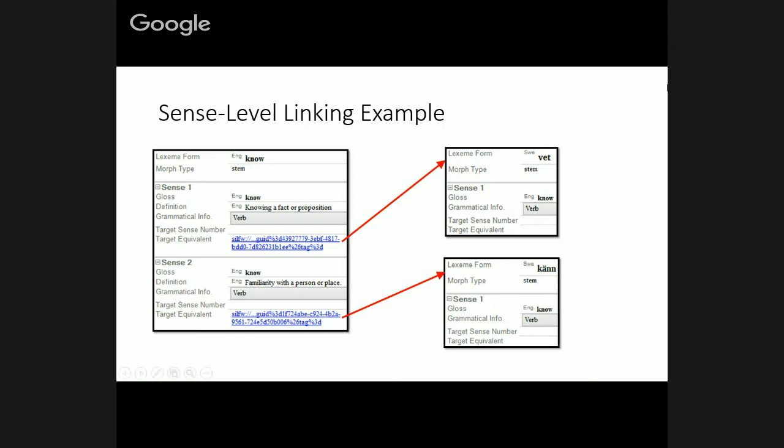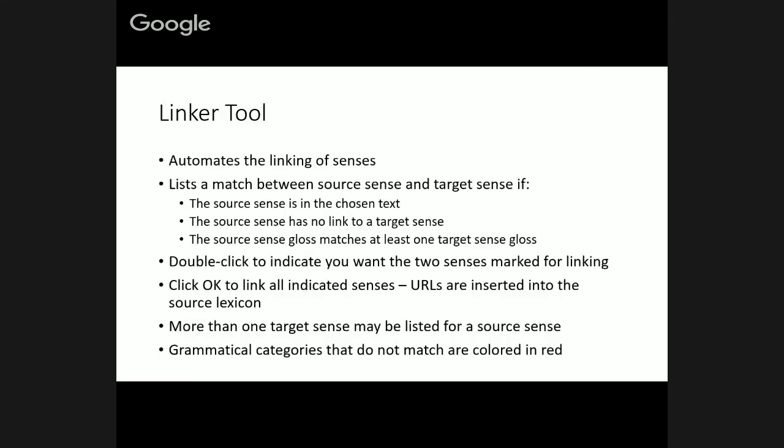What's on the right side represents the Swedish project. We have links to the Swedish project from each sense on the English side. The key thing there is that there's a GUID so that I can find it in the other project.